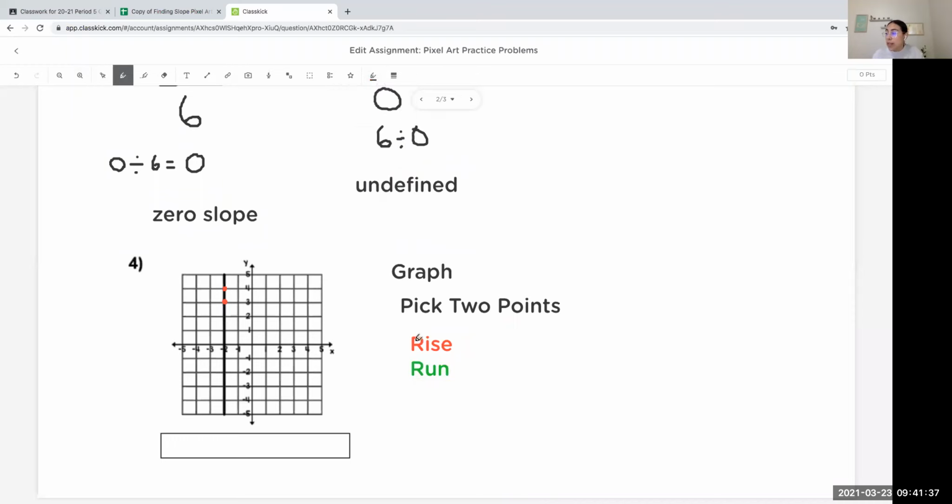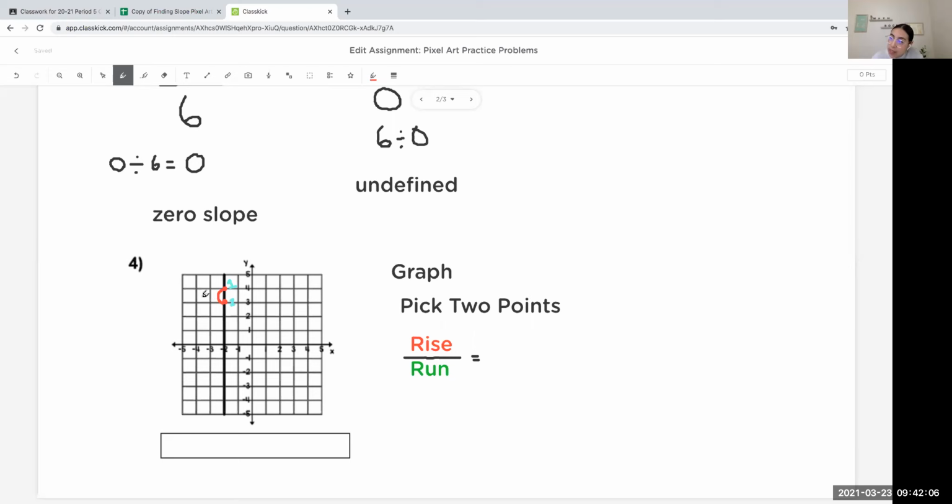So right away, I can tell, hey, this does have a rise, because if I go from one point to the next, it doesn't matter what point you pick as your first point. Let's say I pick the top one as my first point and the one on the bottom as my second point. I can check my rise from point 1 to get to point 2.